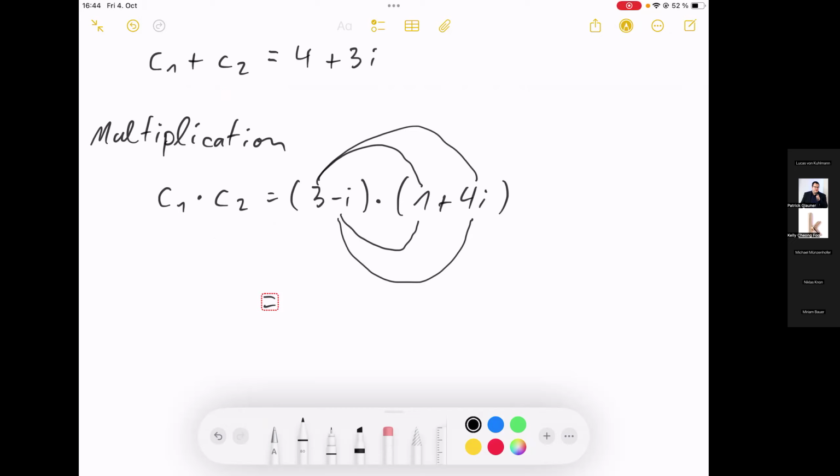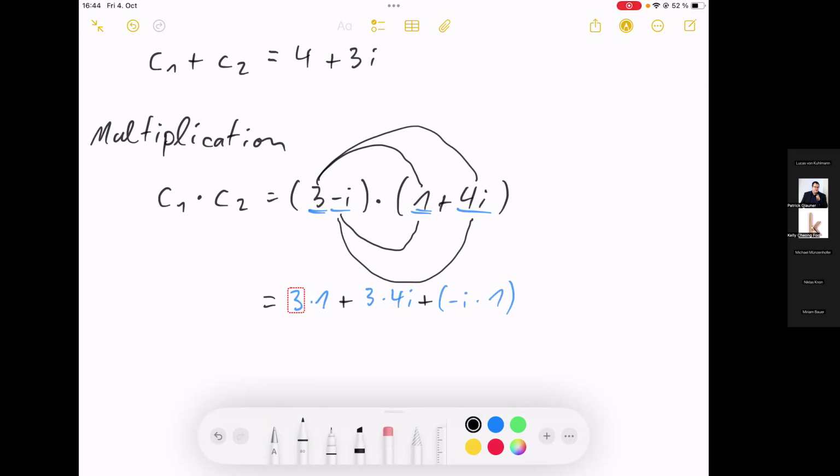I'll already do this now step by step. So it's 3 times 1, this is the first one. Then 3 times 4i. We then have minus i times 1.